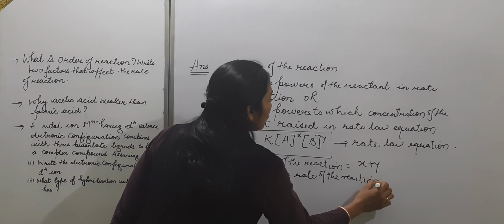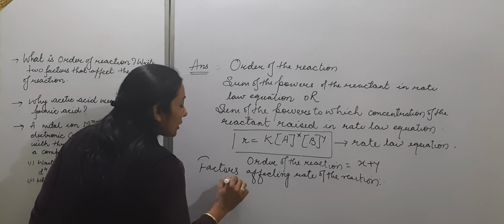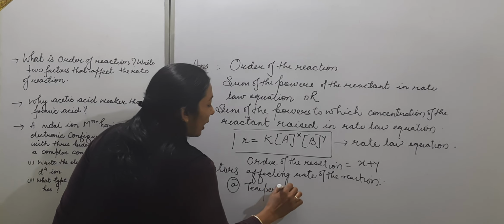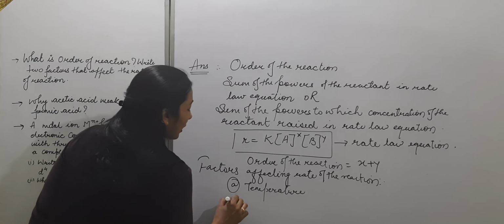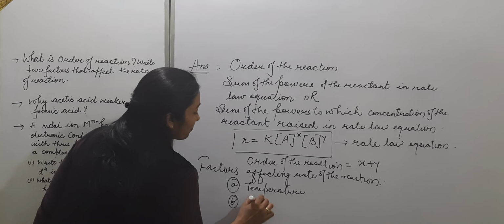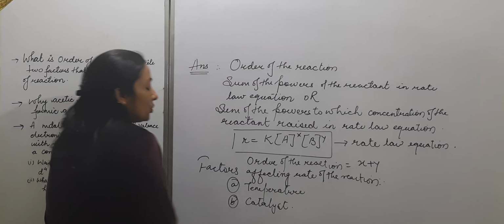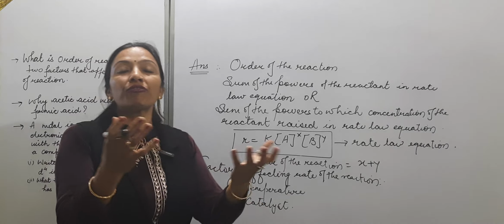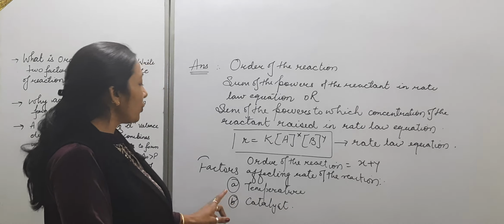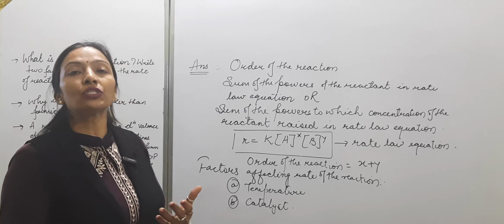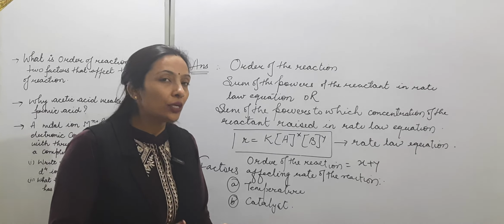You can write any two. We will write here, the first is temperature and the second one is the catalyst. Even we can write the surface area of a catalyst. So better we should write temperature and catalyst are the two factors on which the rate of the reaction depends.